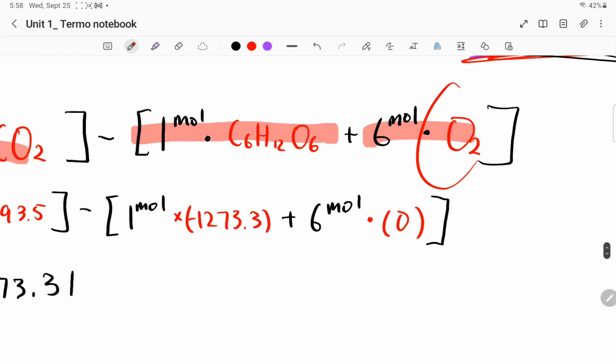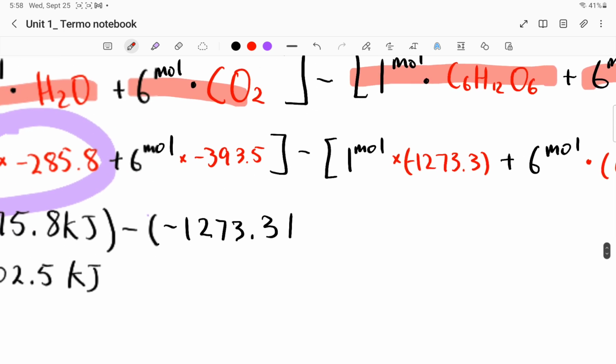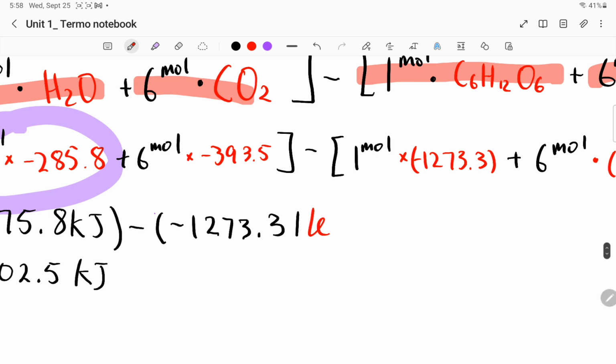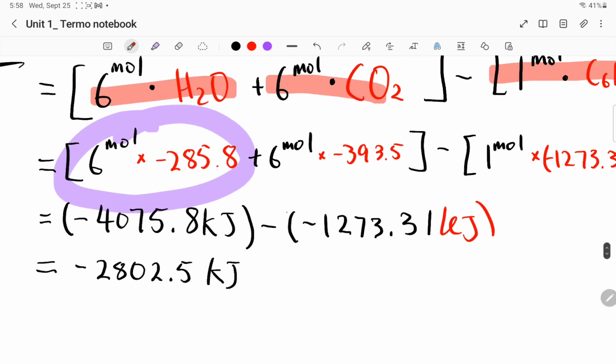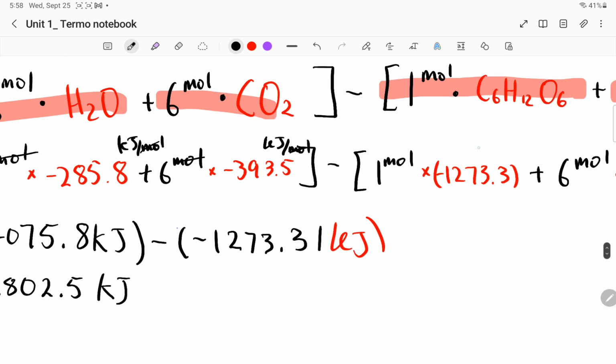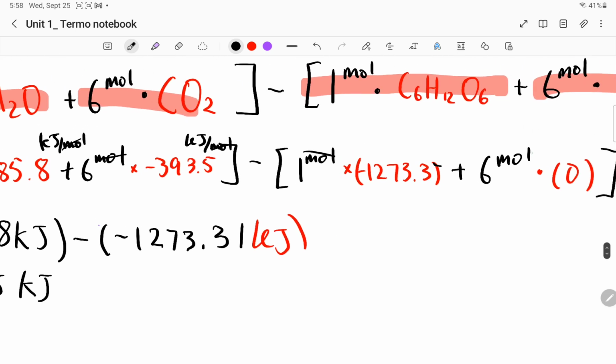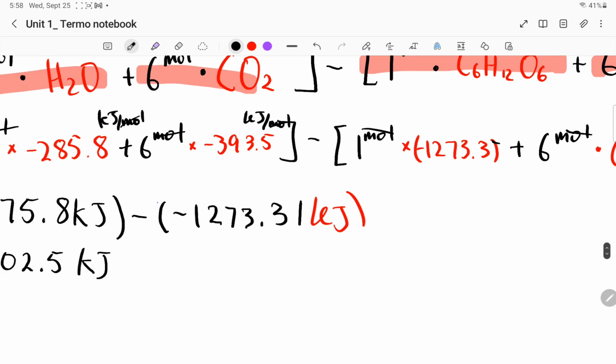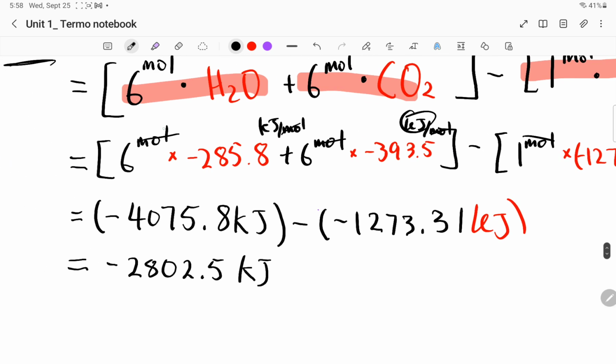And again, oxygen is an element. Elements will always have no enthalpy of formation because you can't form an element. Elements already exist. So now it's just math time. Remember that all these numbers, I did not write the units in, but these are all kilojoule per mole. When you multiply, mole on top, mole on the bottom, so all you're left with is just the kilojoule.